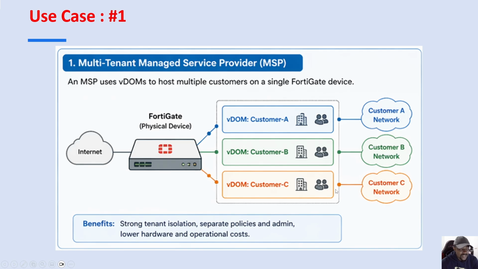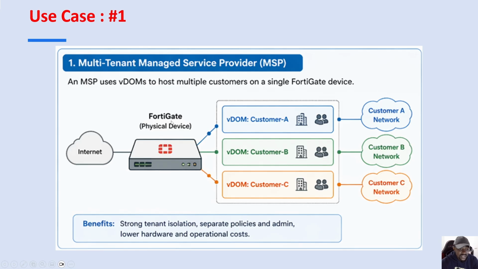Then you grant the access to the network administrators of each company, just to their vDOM. They will connect on that vDOM and manage it like if it was a physical device plugged on their internal network, right? This is one of the advantages of implementing vDOMs.